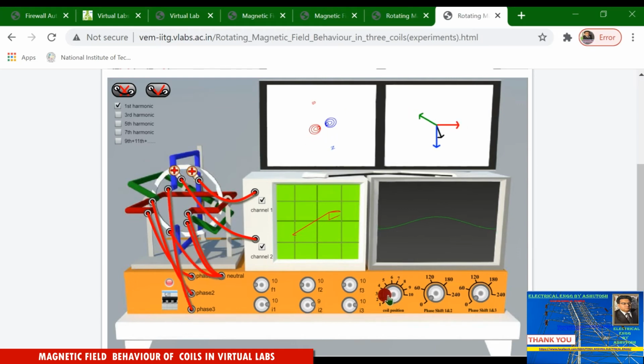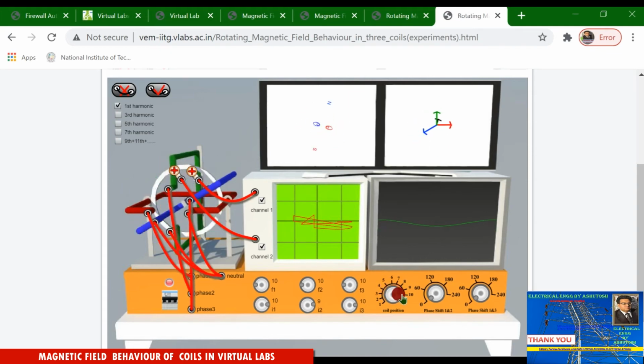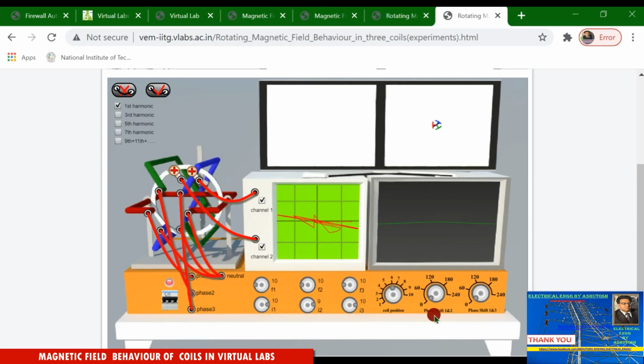First change the coil positions. You can change the coil positions like this. Also with these coil positions, you have to change the phase shift between first and second phase and first and third phase. Keep a 120-degree angle between first and second, and between first and third keep a 240-degree angle.